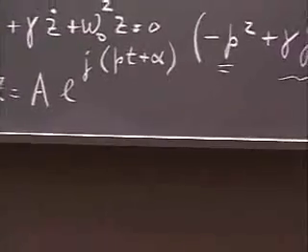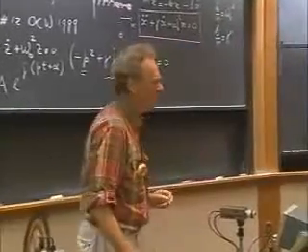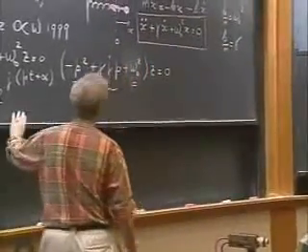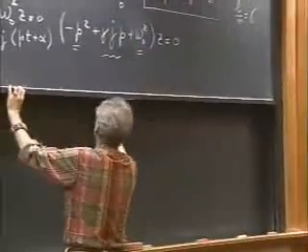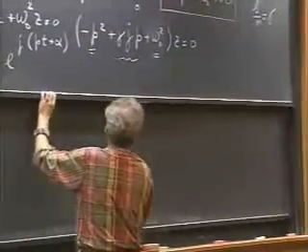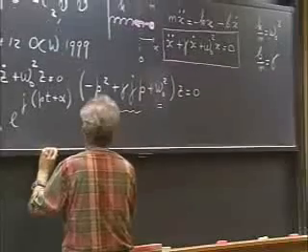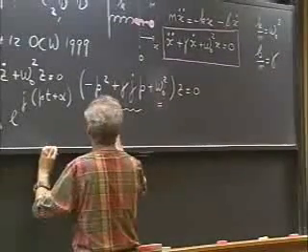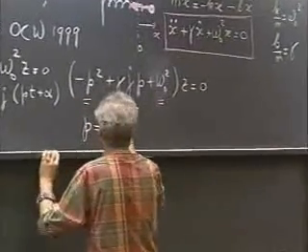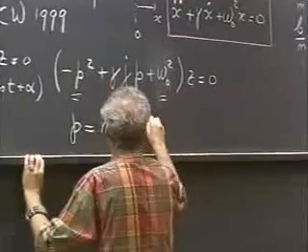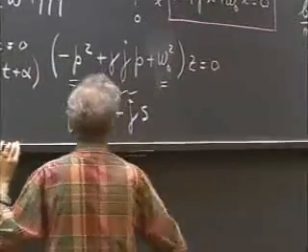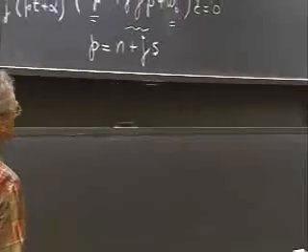Therefore, p itself must be complex. And so we're going one step further, and we're going to say the only way that we could make this work is if we say p equals n plus js, whereby n and s, let's hope, are real.